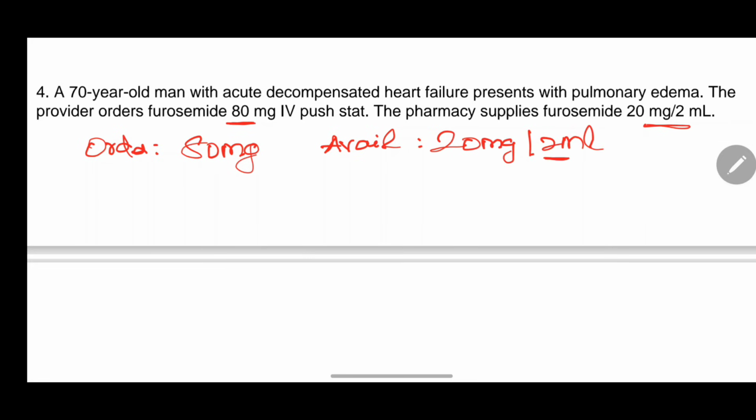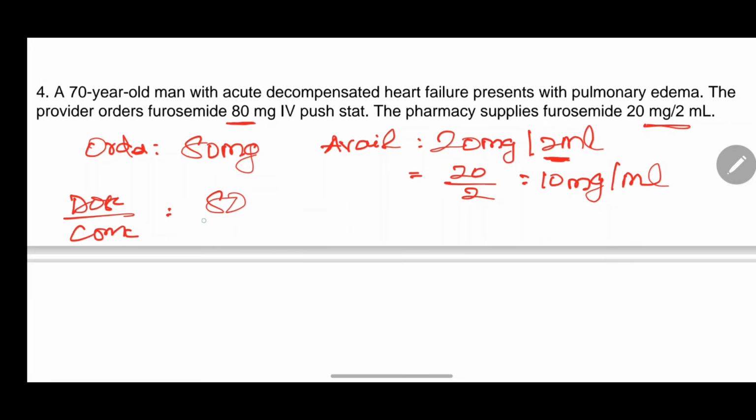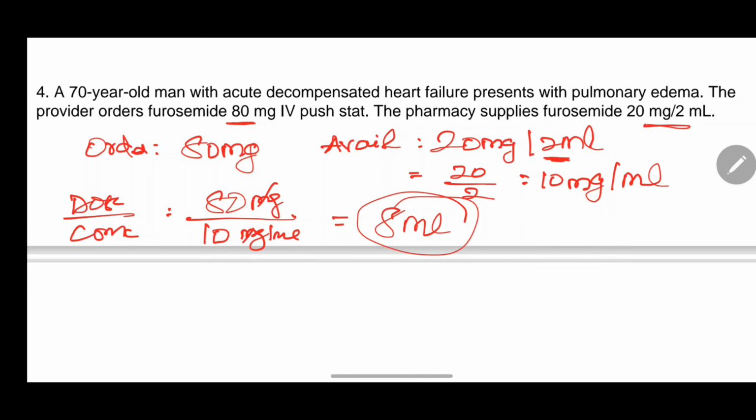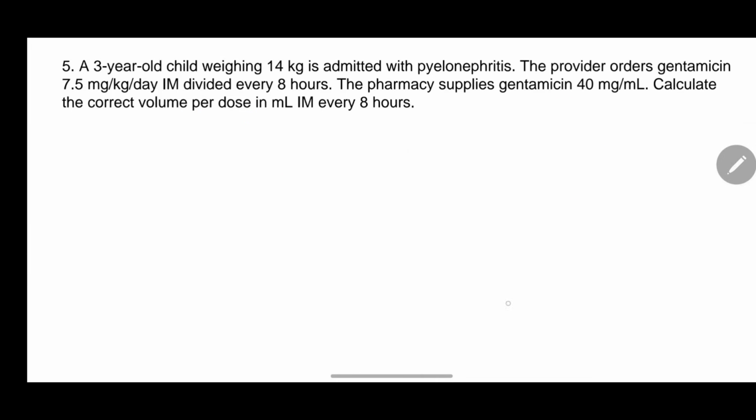If anything is given like this, we have to convert it to 1 ml, right? So 20 divided by 2 is 10 milligram per ml. Now let us put it in the formula. Dose by concentration, 80 milligram by 10 milligram per ml, it is 8 ml. So the stat dose is 8 ml. We have to give 8 ml.